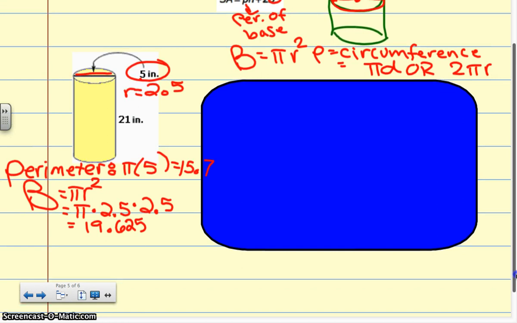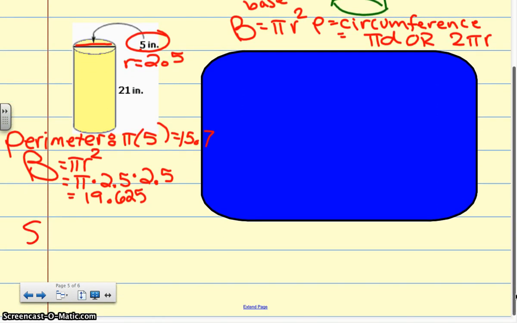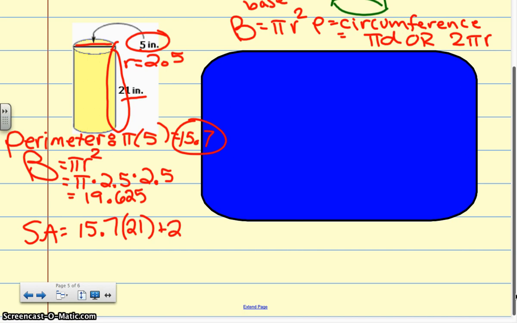Plugging it into my equation, I get my surface area is equal to my perimeter, 15.7, times my height. My height connects the two bases, 21, plus 2 times the area of one of my bases. Plug in more things into my calculator.